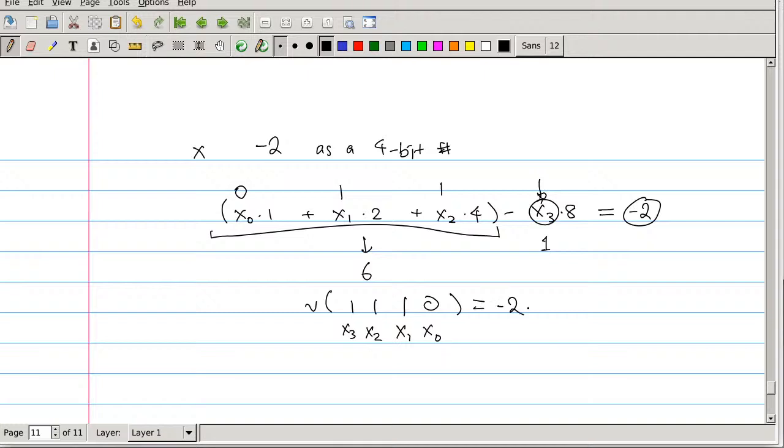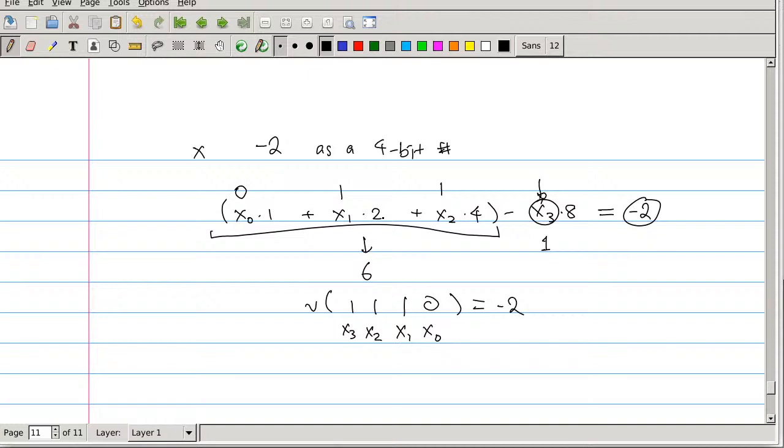Is that okay? x2 has to be a 1 because it takes care of the 4 in the 6. So we only have a 2 remaining, so x1 has to be 1 to take care of the 2. So it's basically converting 6 into the base 2 representation using 3 bits.